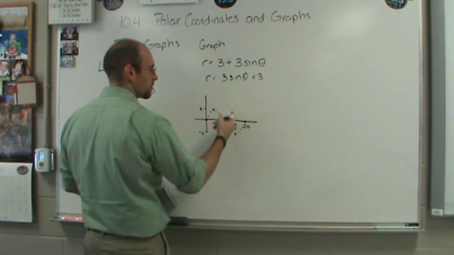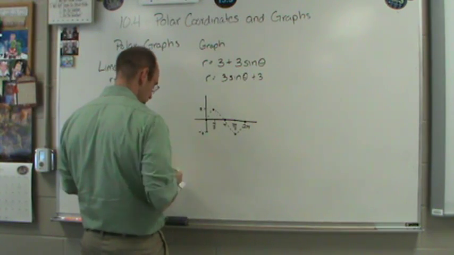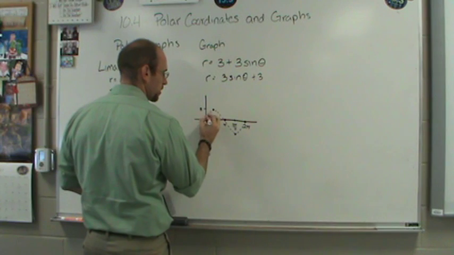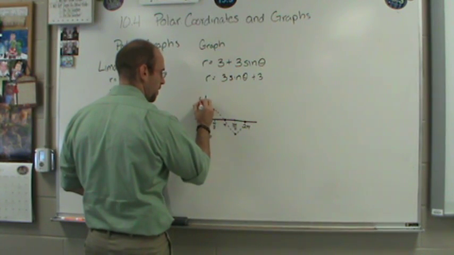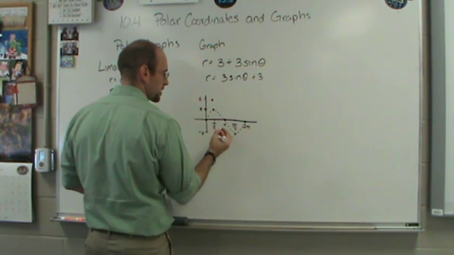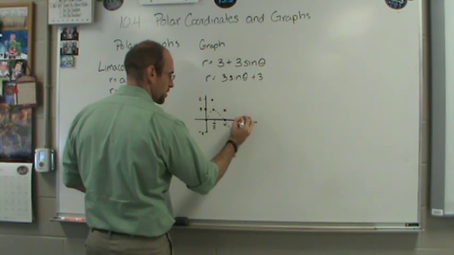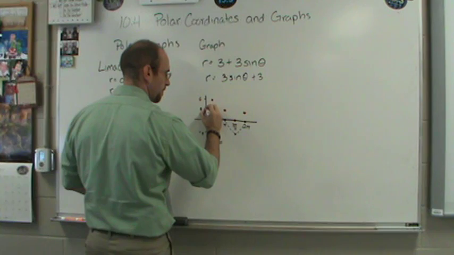But we're shifting it up 3 units, so now each of these points are going to go up 3. So here it's going to be 3, here at 6, at 3, here at 0, and 3.